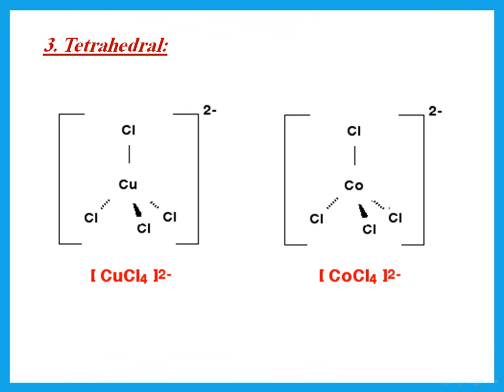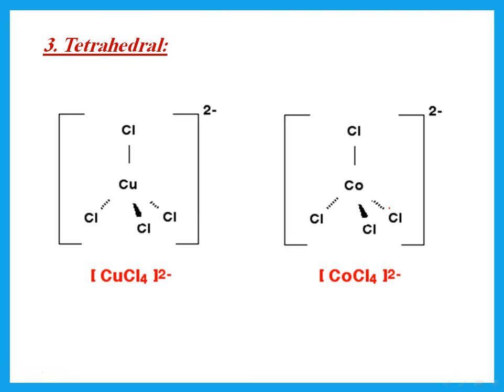If the central atom is bonded to 4, but it has to be 4 large ligands. Chloride, for example, is regarded as a large ligand. So to have them, of course, these structures are to have minimum repulsion between the electrons.